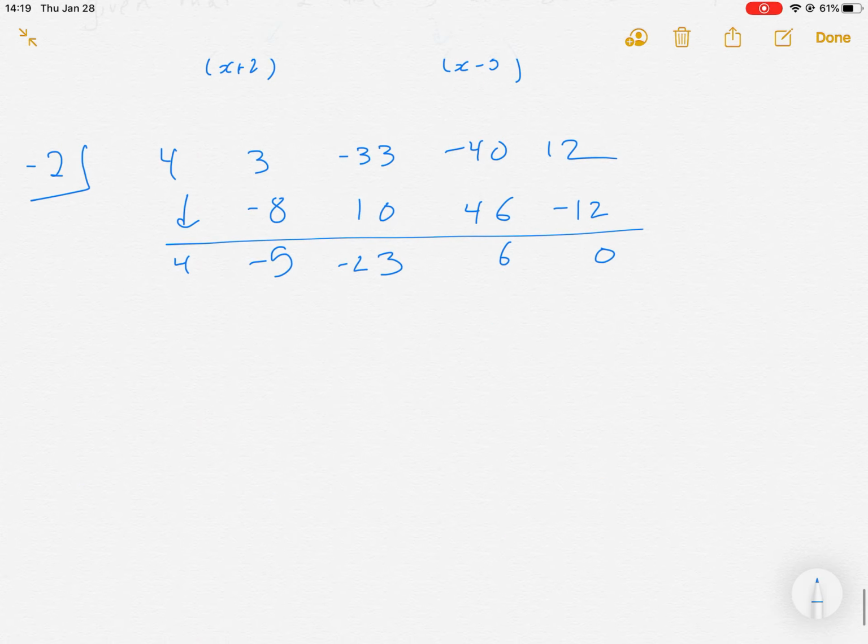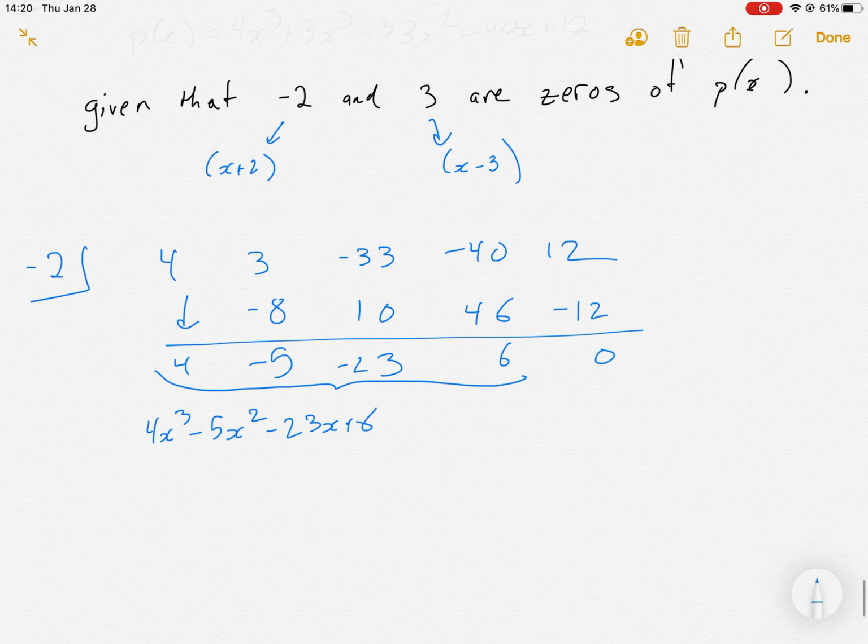We get 0, so that's good. Next, I'm going to make a note here that this is the polynomial 4x cubed minus 5x squared minus 23x plus 6. I don't have to, but that's what I'm left with.